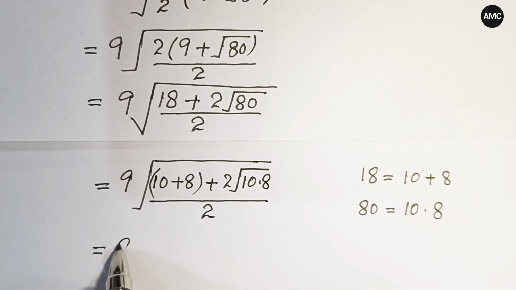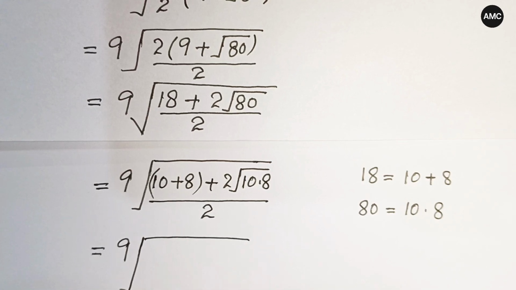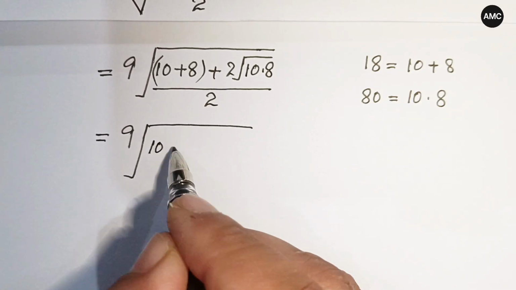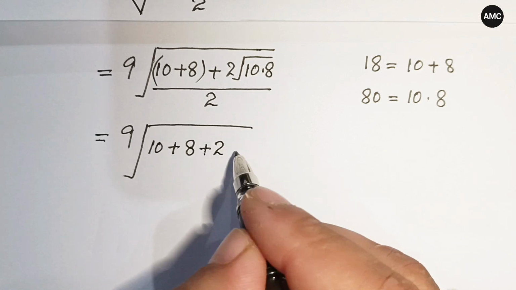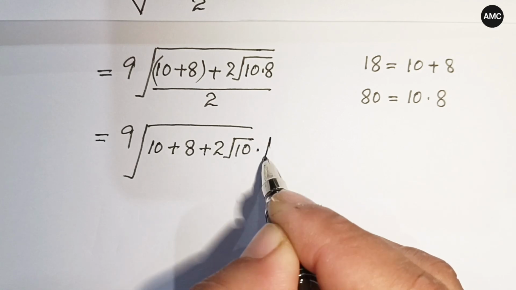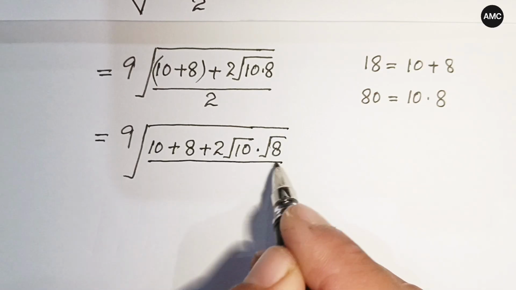Now 9 times square root of 10 plus 8 plus 2 times, it can be written as square root of 10 times square root of 8, all over 2.